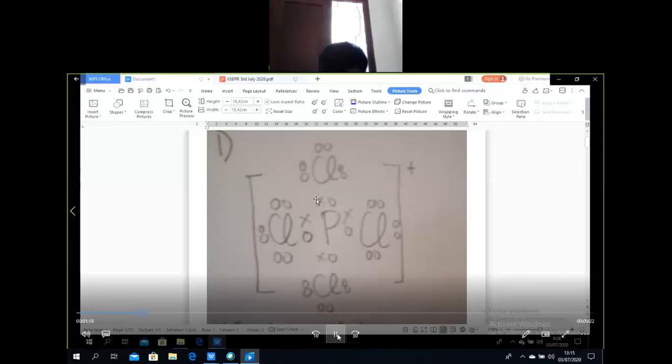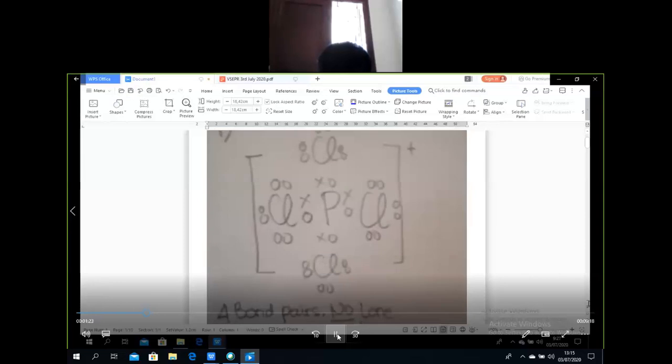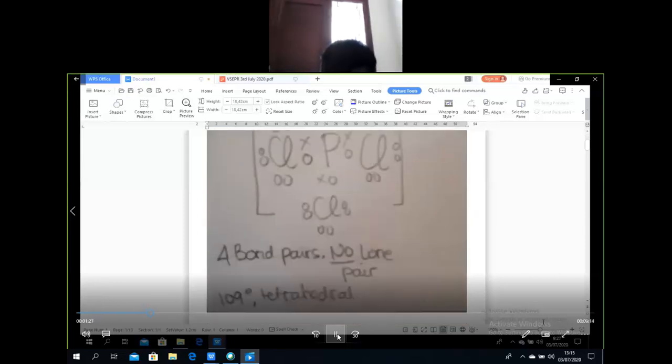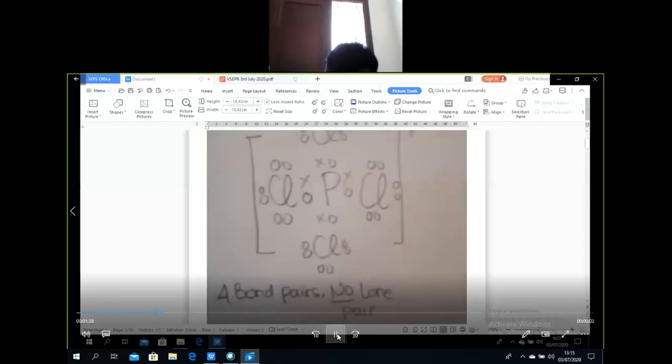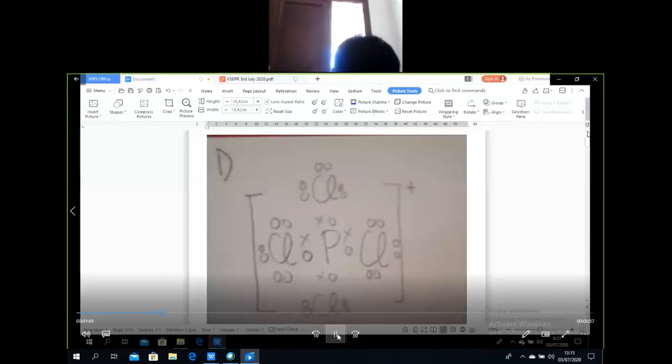All these form 4 bond pairs and no lone pairs, and the shape is tetrahedral with a 109 degree angle. There are 7 electrons around each chlorine, so this is the correct way to display the dot and cross diagram.